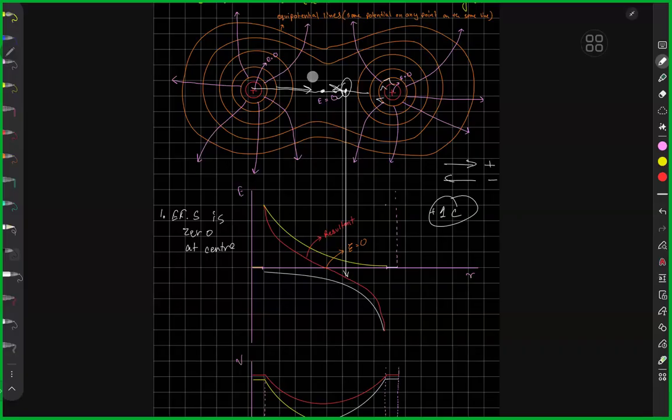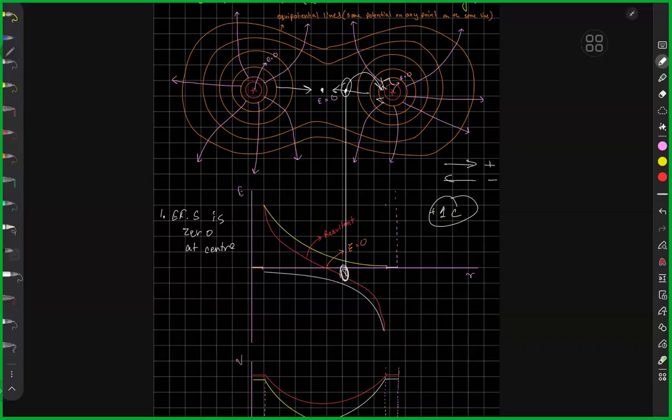Why is it stronger? Because over here, my positive charge is closer to this conducting sphere. Hence, the repulsion to the left is way stronger. That is why I have a net negative force on the 1 coulomb of positive charge. That's the key idea.